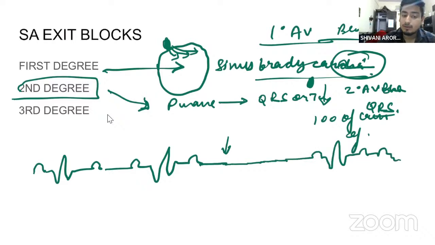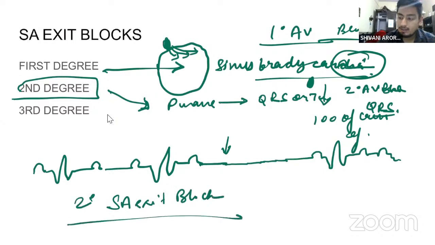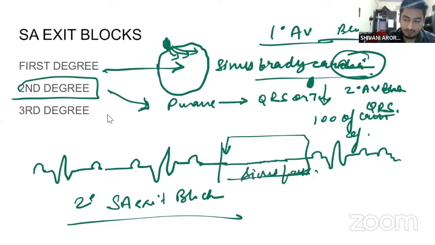Okay. So this is SA exit block second degree. And this gap here is a sinus pause. Clear? Now we have second degree SA exit block type 1 and type 2 that we'll discuss in the upcoming slide.